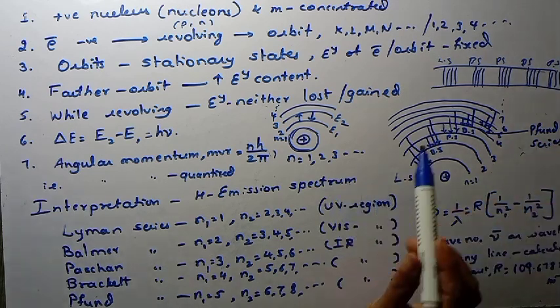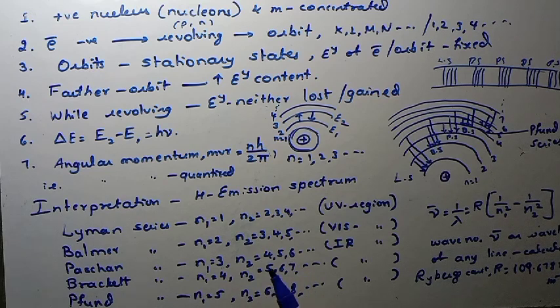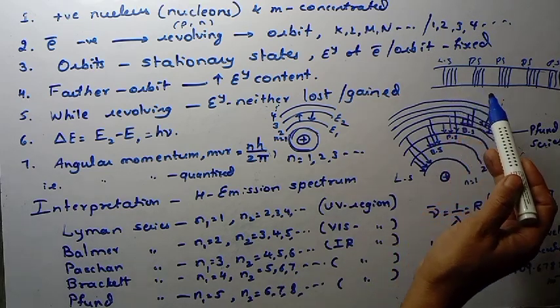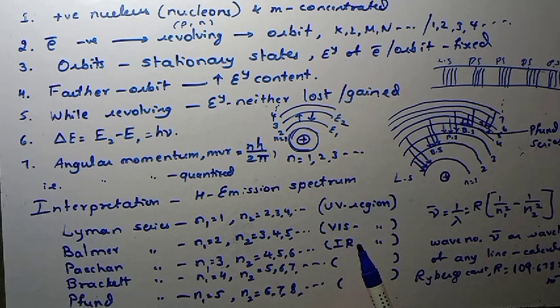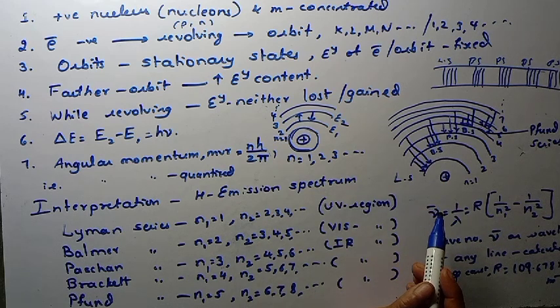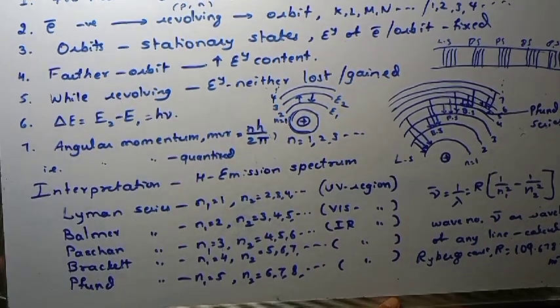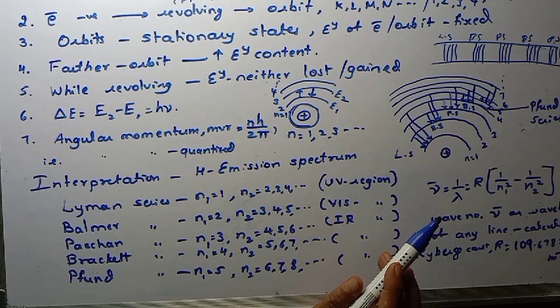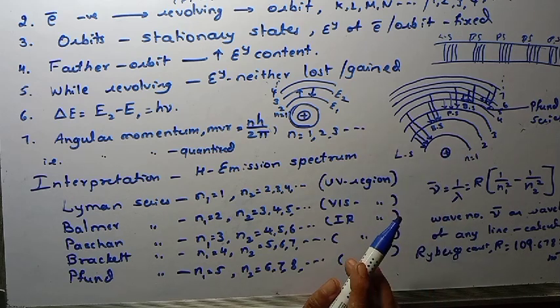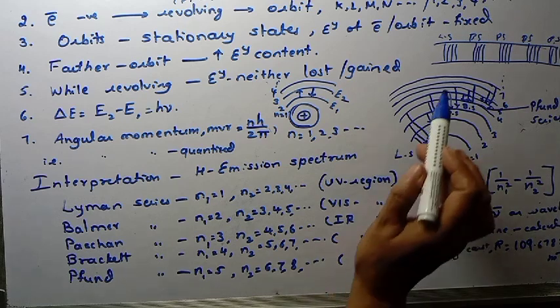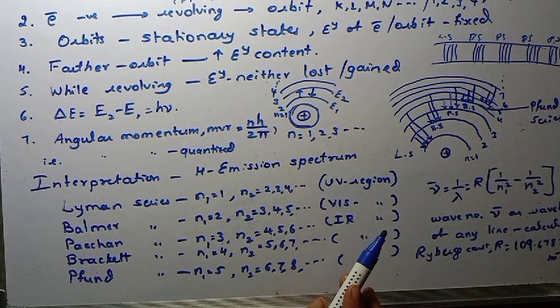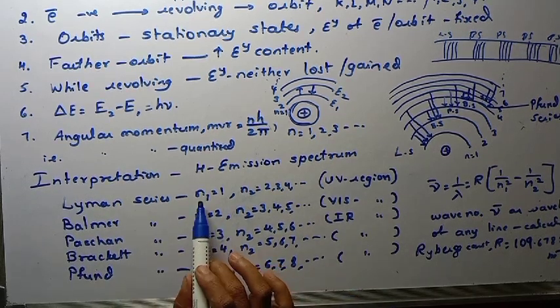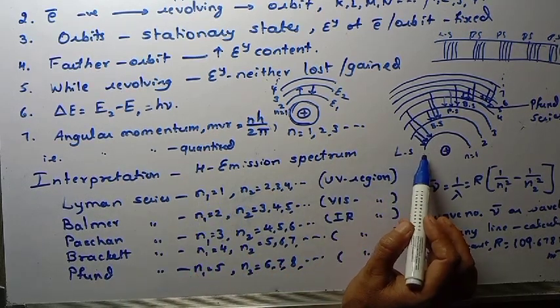These are the names of the scientists who studied in detail the series observed in the line spectrum, or emission spectrum, of the hydrogen atom. So these lines are classified into 5 groups and named after the discoverers: Lyman, Balmer, Paschen, Brackett, and Pfund series. The Lyman series is obtained where n1 is the lower energy level.